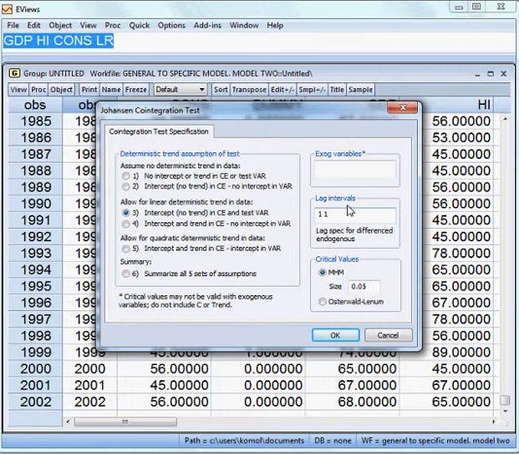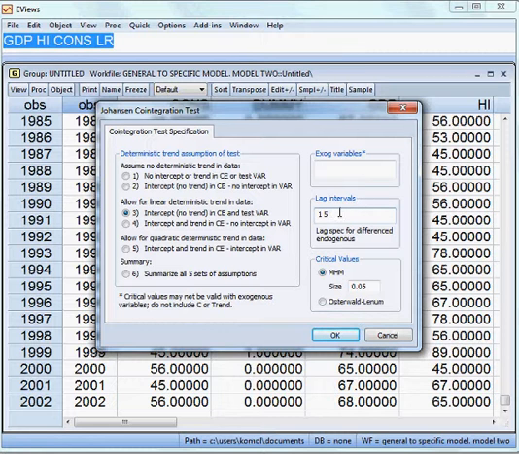And here I put 5 lags. Suppose 5 lags should be for this model. That means after checking the lag selection criteria, we have found that 5 lags should be optimum.